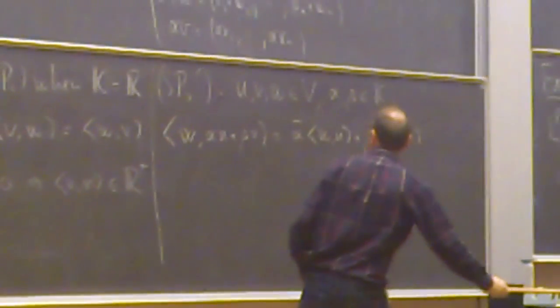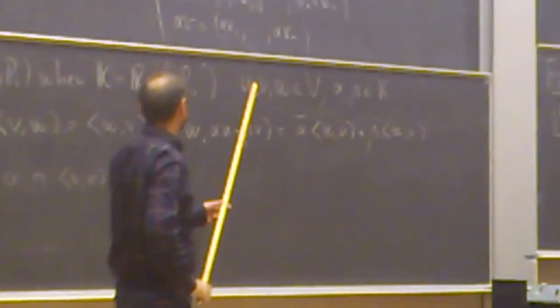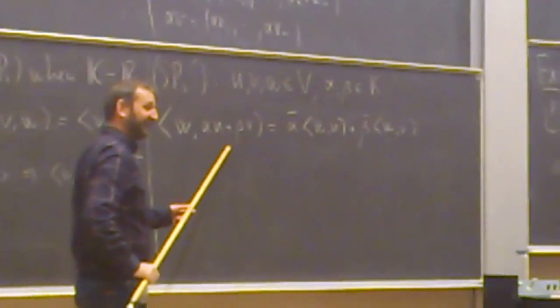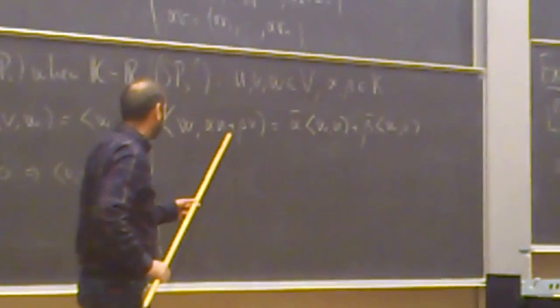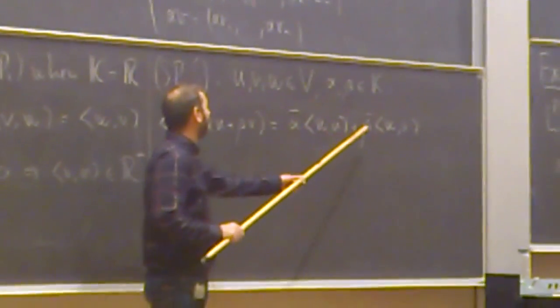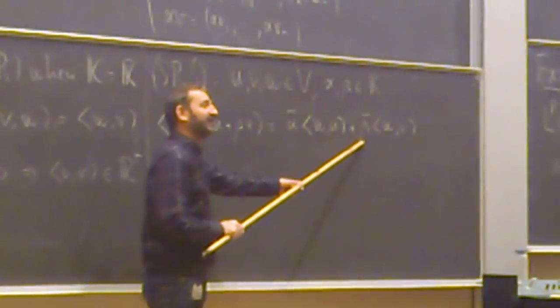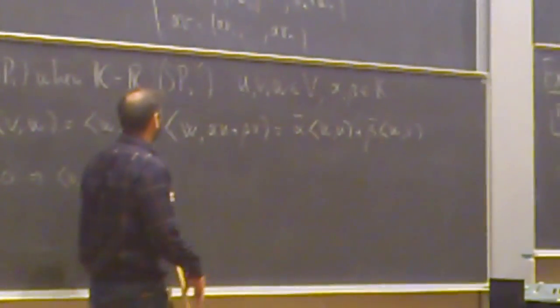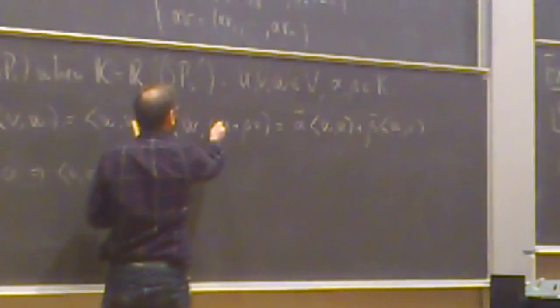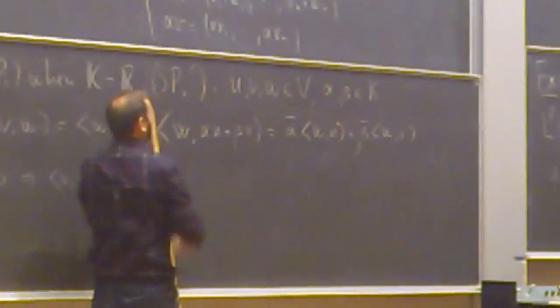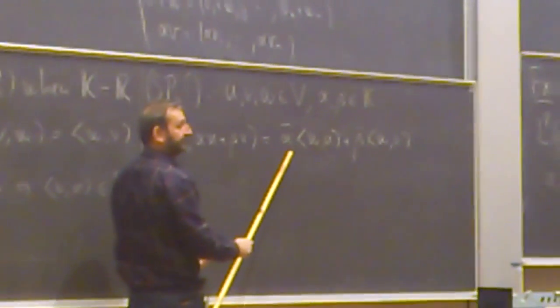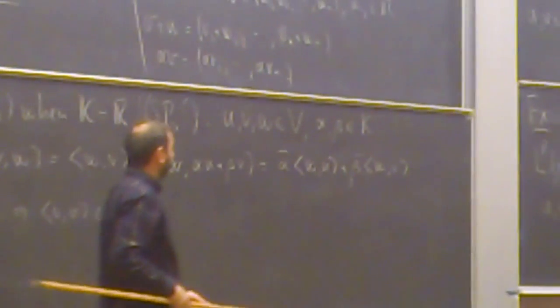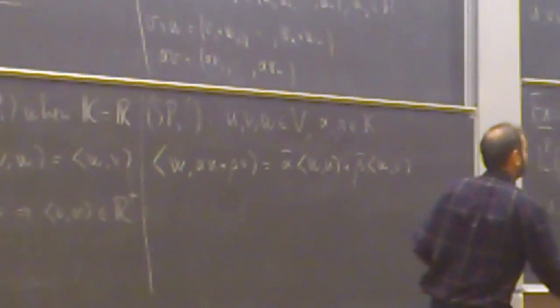So in other words, if we take the inner product and consider the linearity in the second variable, we don't quite get linearity, we get linearity up to complex conjugating the numbers alpha and beta. So if we want to take out a complex number alpha from the second variable, we have to complex conjugate it.